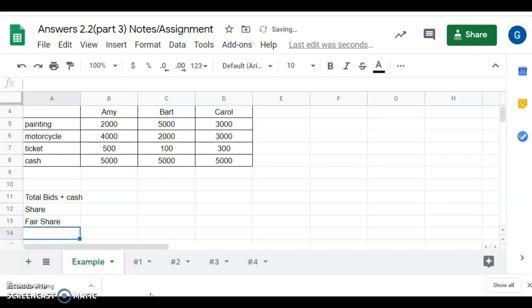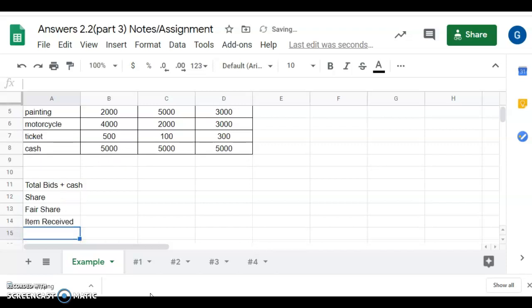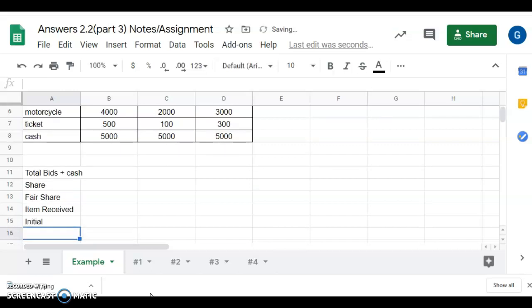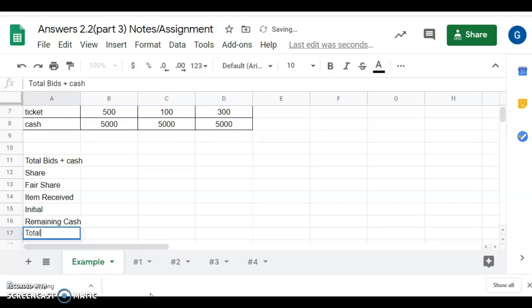Okay, that takes their bids into effect of what is their fair share. We have the item that they received. Then we have the initial cash value after that item was taken away, subtracted. And then we have the remaining cash. And finally, the total settlement.